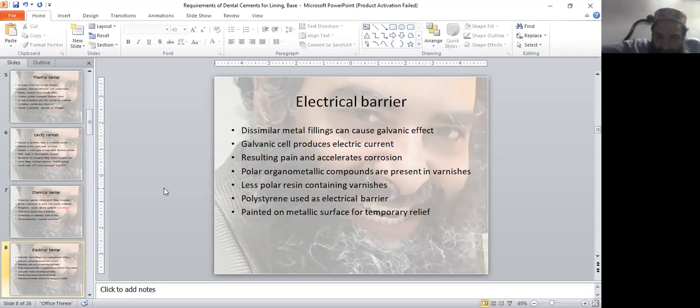Now, polystyrene is used as an electrical barrier. Polystyrene should be painted on metallic surfaces for temporary relief, not a permanent one.